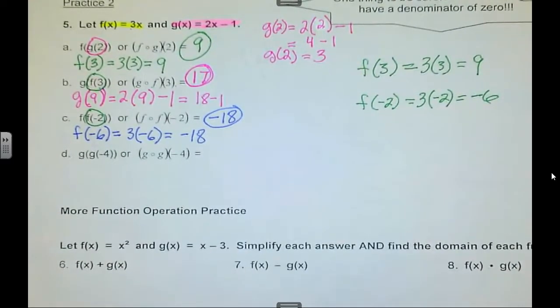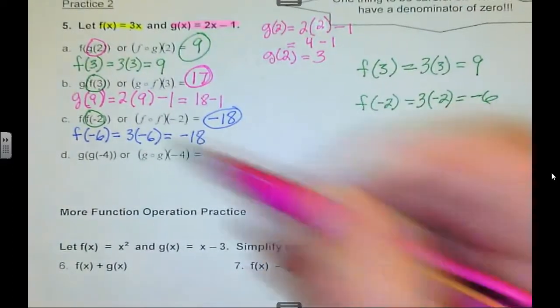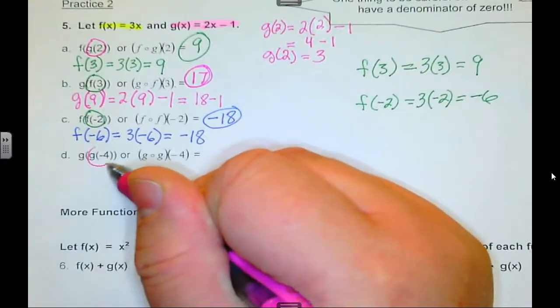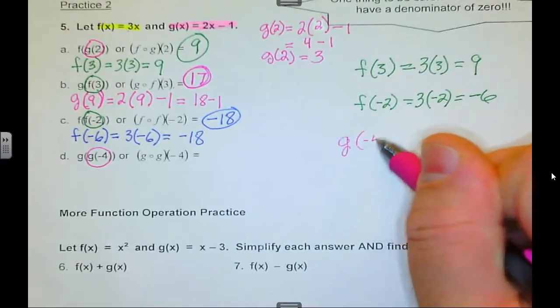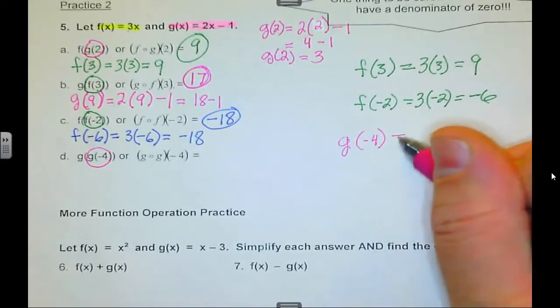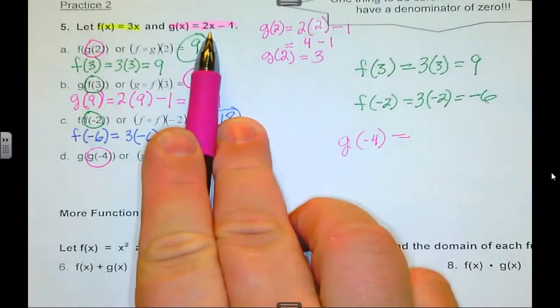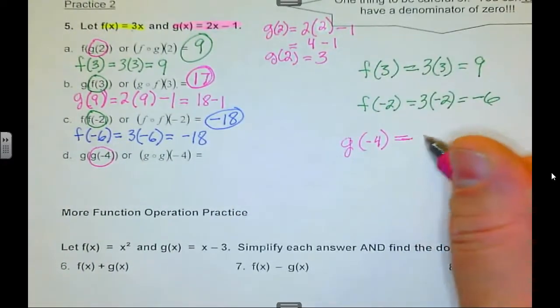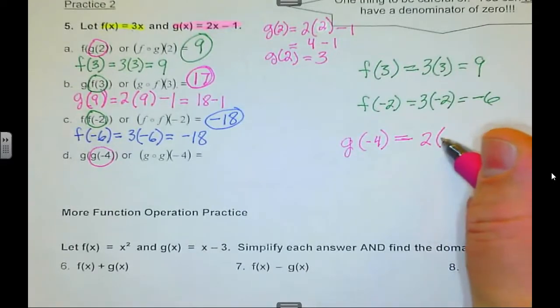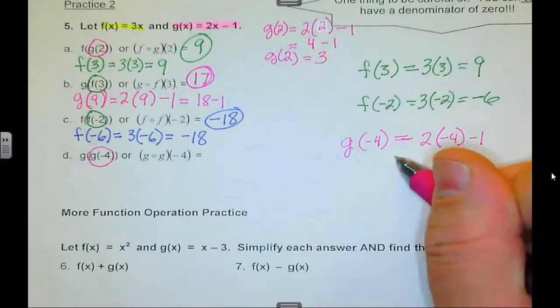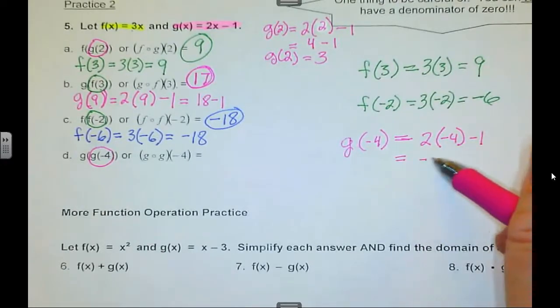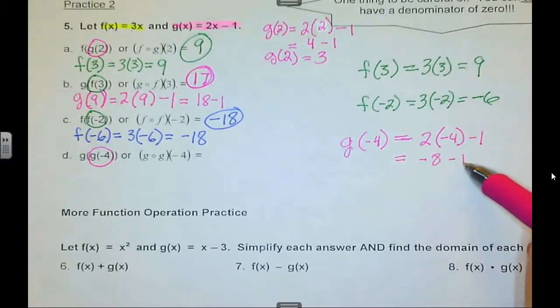All right, D, gog of negative 4, or the g of g of negative 4. So we need to find the g of negative 4. The g of negative 4 equals, I'm going to plug in negative 4 wherever I see an x. So I have 2 times negative 4 minus 1, which equals negative 8 minus 1.